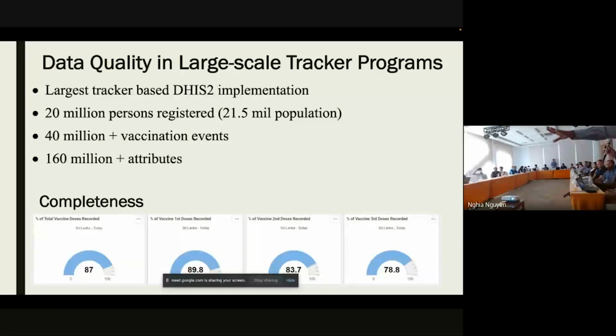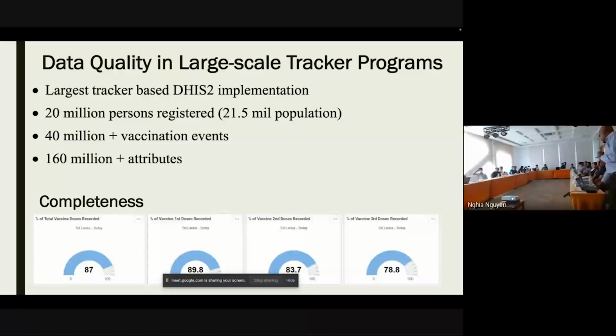Of course, the completeness varied between the doses, right? For the first dose at that time it was 89.8, second dose 83, and third dose 78. It was comparing the number of actual doses given, which comes from a different source, not from the tracker, with the data that was reported in the tracker, right? So completeness was around that.